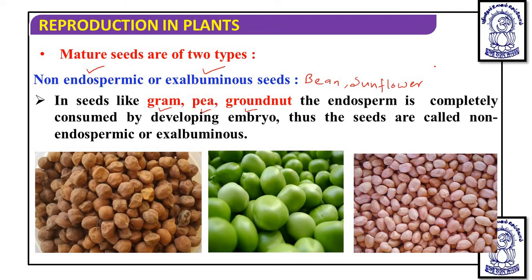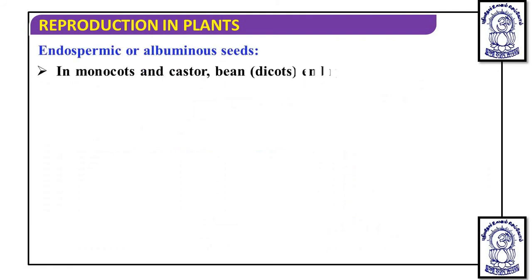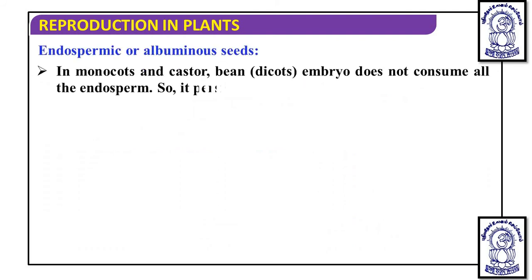While the other type of seed is the endospermic seed or albuminous seed. Again the term albuminous is from the protein, that is albumin. Now this endospermic seed has endosperm because it is not consumed completely by the developing embryo. So the endosperm remained persistent in the seed.